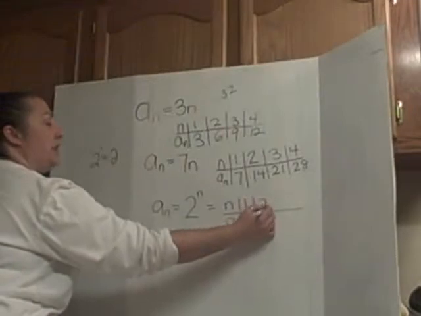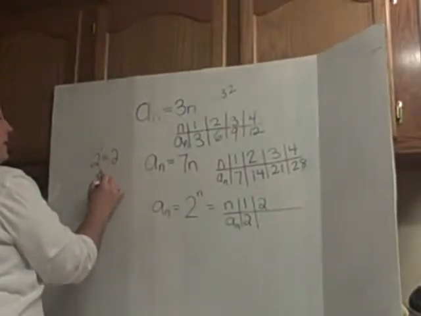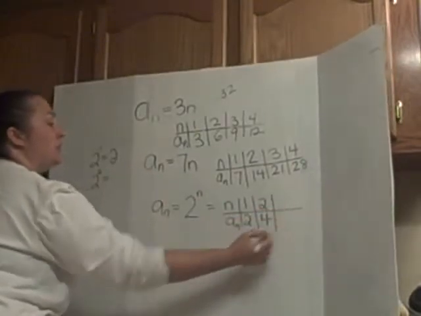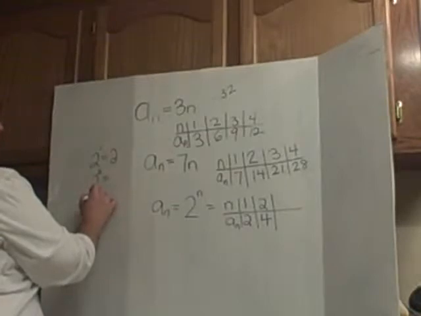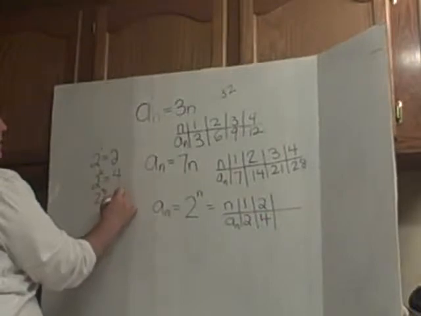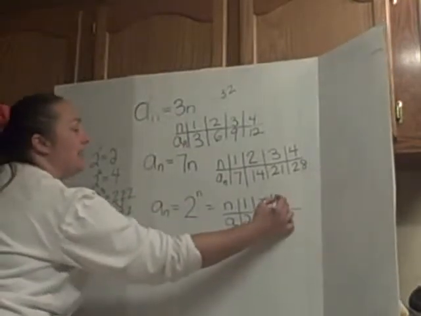When I plug in 2, it becomes 2 to the second power. 2 to the second power is 2 times 2, which is 4. When I plug in 3, it becomes 2 to the third power, which remember is 2 times 2 times 2. 2 times 2 is 4. 4 times 2 is 8.